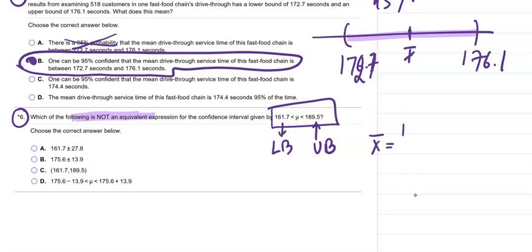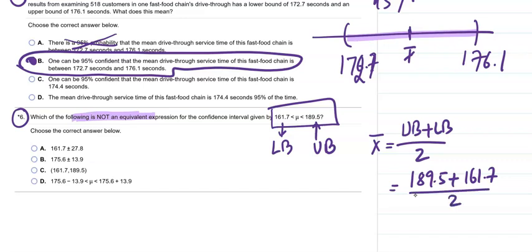X bar equals the upper bound plus the lower bound divided by 2. Let's find the point estimate: 189.5 plus 161.7 divided by 2. If you do that, you get 175.6. That's going to be the point estimate.